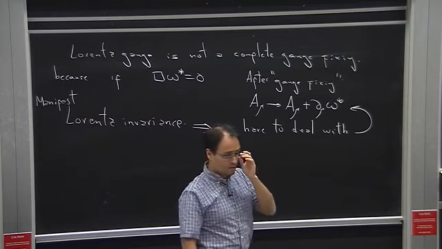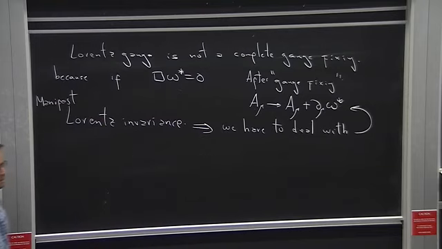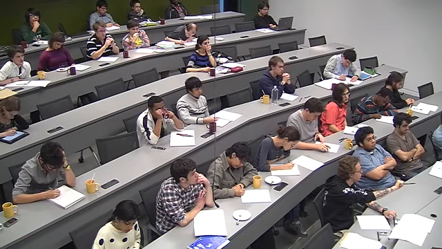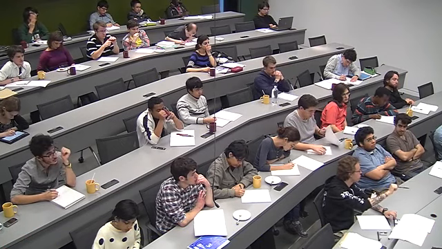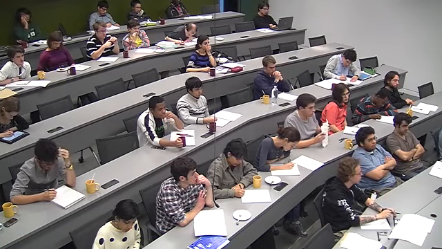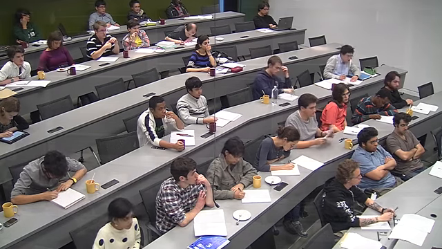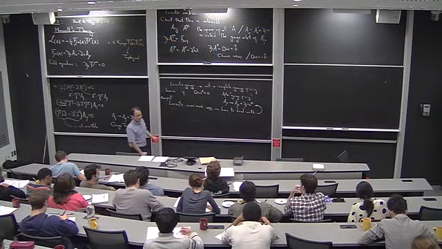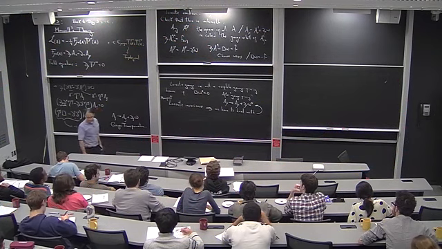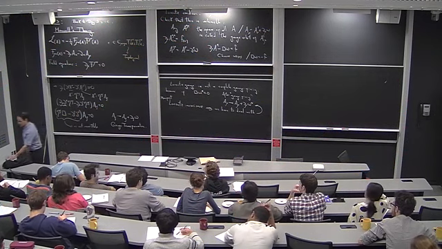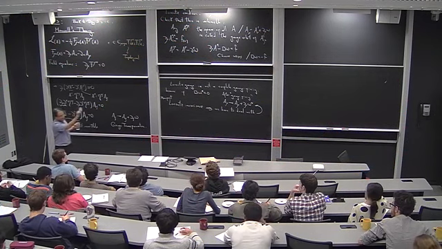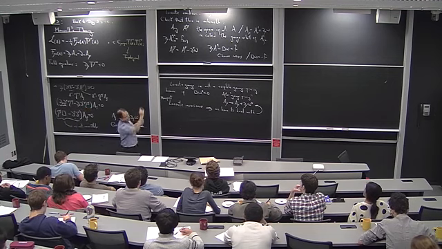Yes. You say that we have to deal with this gauge because it's manifestly Lorentz invariant. Is this the only gauge fixing that is Lorentz invariant? Well, that's what I said before. This is the only one that I know that is manifestly Lorentz invariant and which is reasonably simple. I mean, of course, you can come up with functions of that, right?